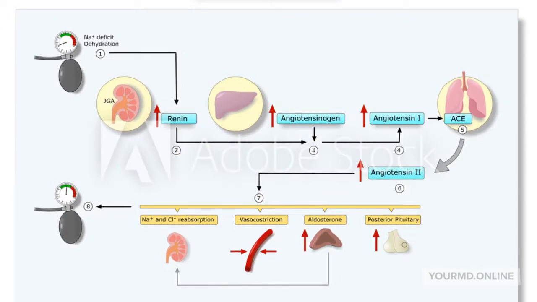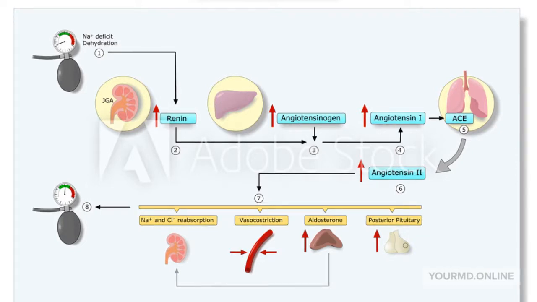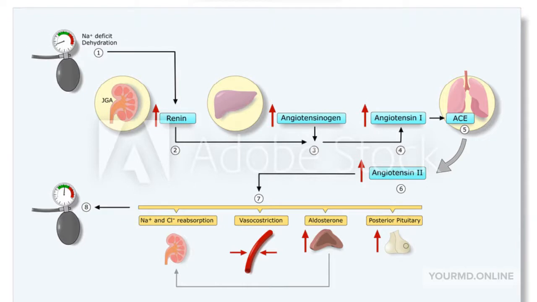The other system that's responsible for raising blood pressures includes the renin-angiotensin system. Your kidneys are able to produce a hormone called renin, which is part of the endocrine activity of your kidneys, which ultimately results in production of angiotensin II, which is responsible for vasoconstriction or narrowing of your blood vessels, raising your blood pressures.